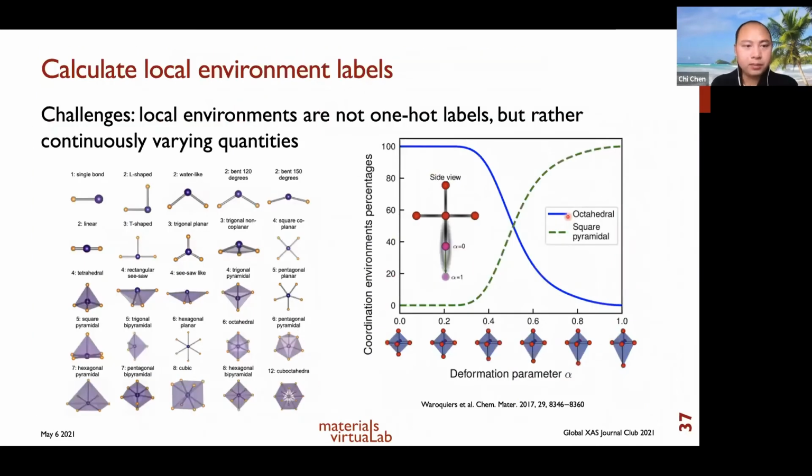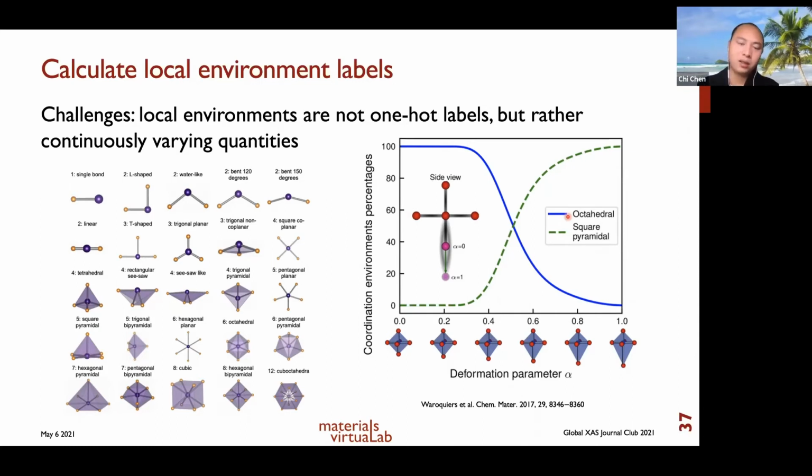And the algorithm that we use to calculate the local environment labels is based on the work published in 2017. Basically, in that work, you first extract the local environment using some kind of Voronoi tessellation, and then you compare your local environments to the different motifs, and you calculate a similarity score with respect to many different choices of motifs.